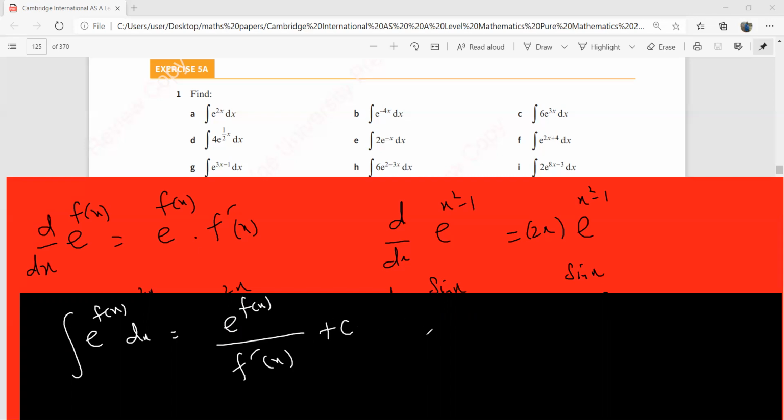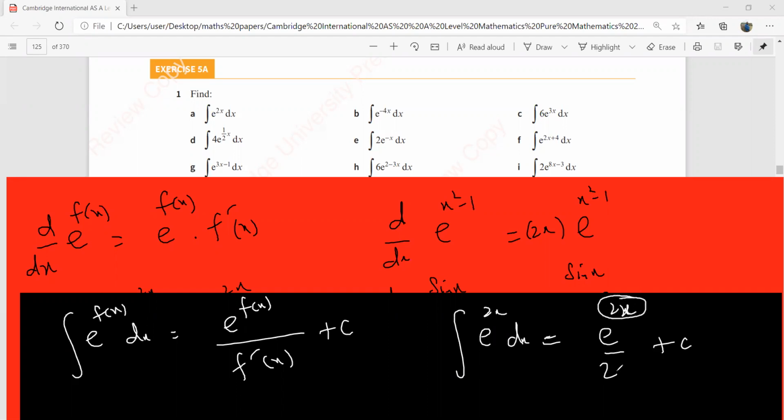Now suppose you have to integrate. Acha, now look at this. There is, for example, e raised to power 2x dx. So this is e raised to power 2x over 2 plus c. Now you will be dividing by the derivative of this 2x.